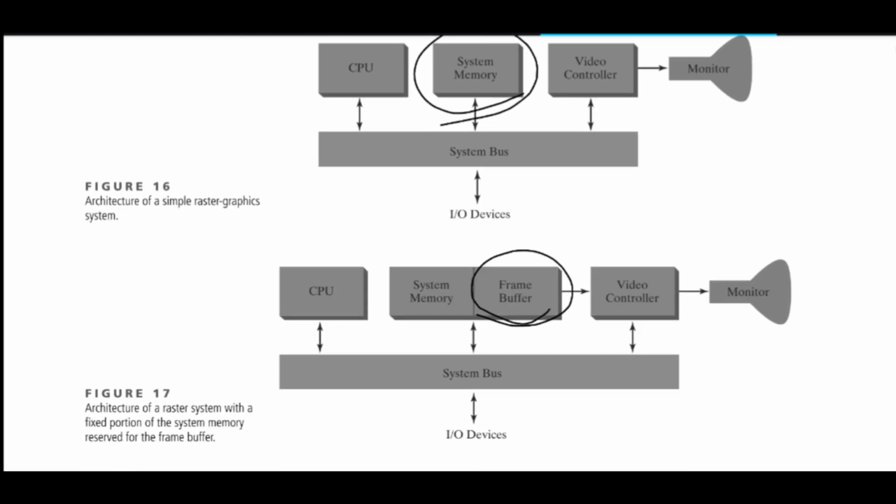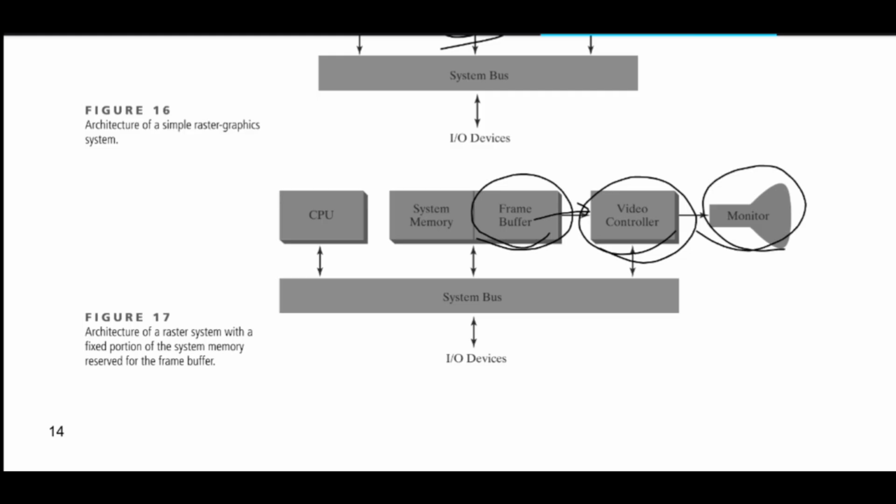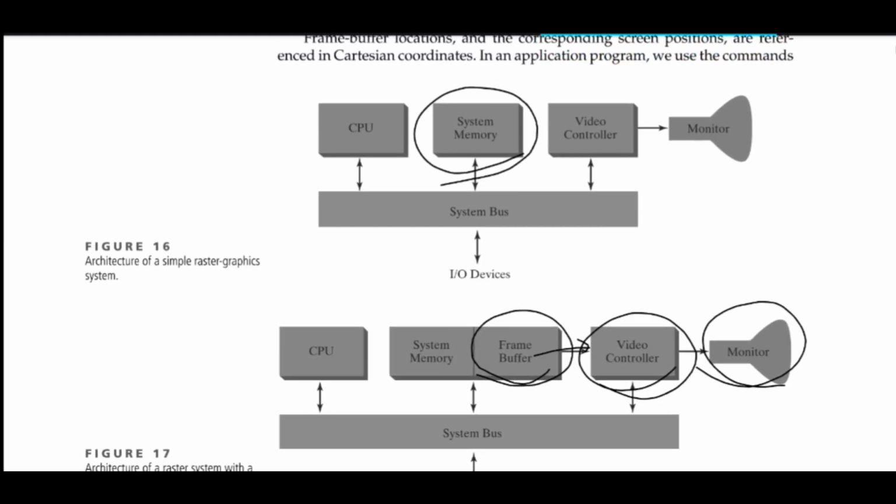Then the data from the frame buffer is taken to the video controller, and the video controller helps in displaying the image on the monitor. It somehow helps guide the electron beams in which direction to move, horizontal or vertical.